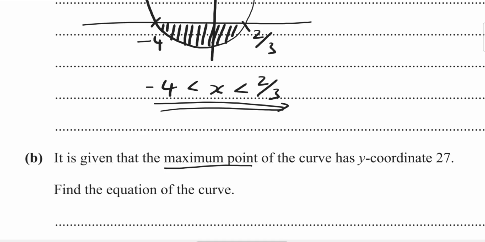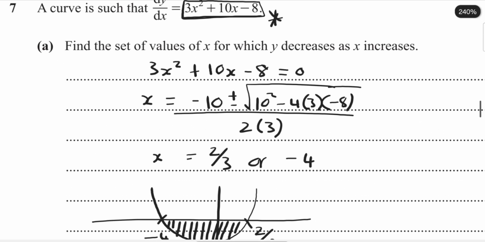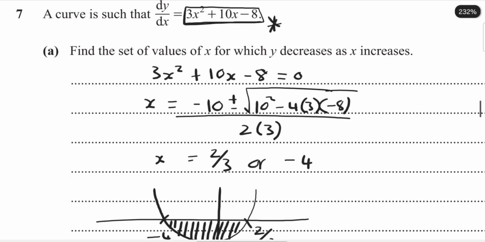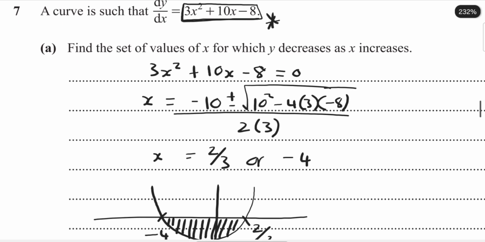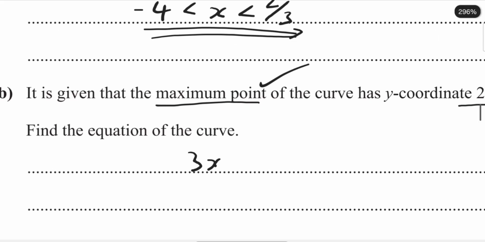And we have a y coordinate of 27, so we need to first determine the x coordinate of that point. And we know it's a maximum point, so we are going to find the second derivative, which will be after we differentiate 3x squared plus 10x minus 8.